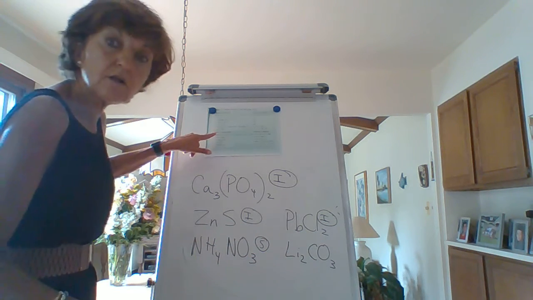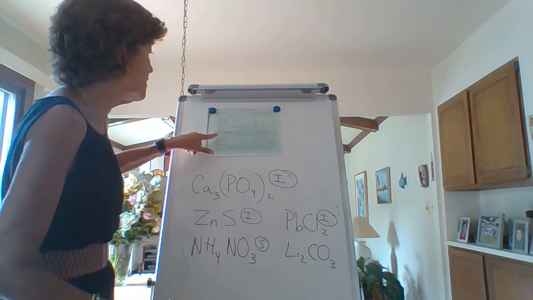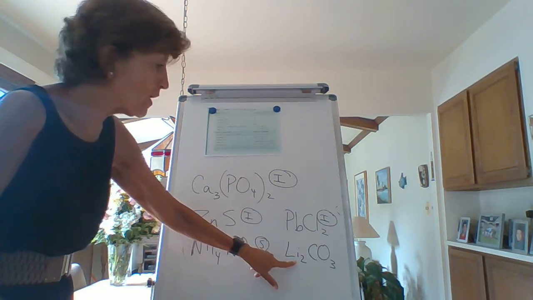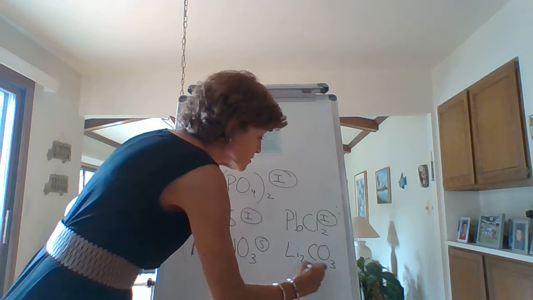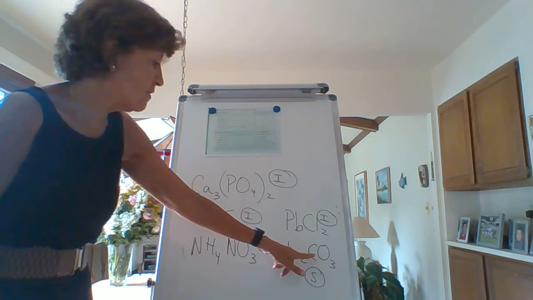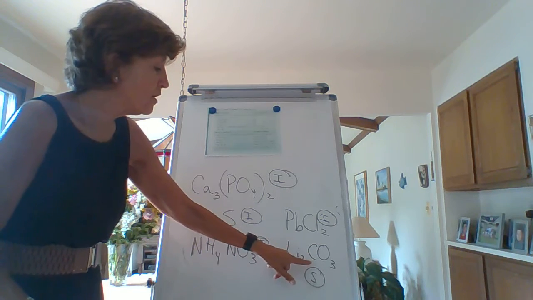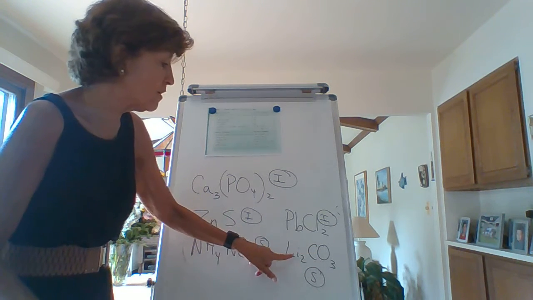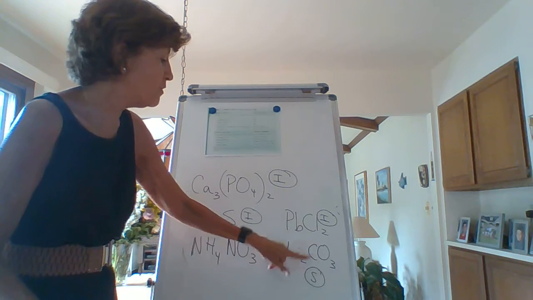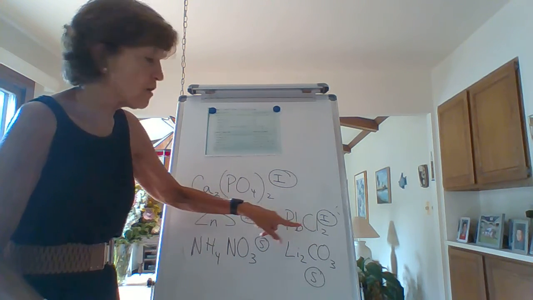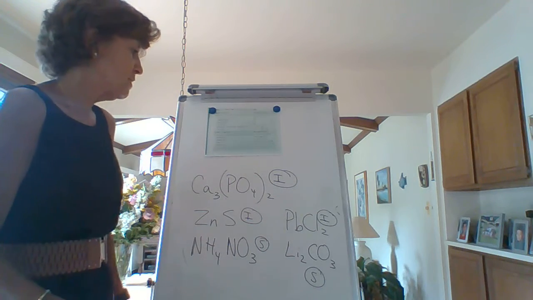Carbonates, according to this, are always insoluble, but if they're hooked up to a group 1A, lithium is a group 1A, so it is soluble. So the lithium makes an exception to this rule. So even though carbonates are always soluble, or sorry, always insoluble, lithium is group 1A, so it makes it soluble. Lead is an exception to the chloride rule. Chlorides are usually soluble, but lead makes this insoluble.